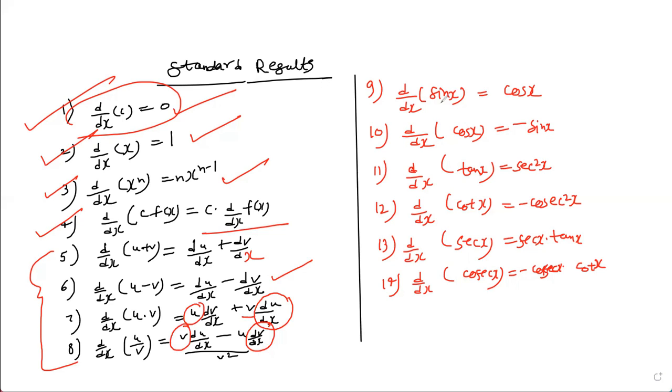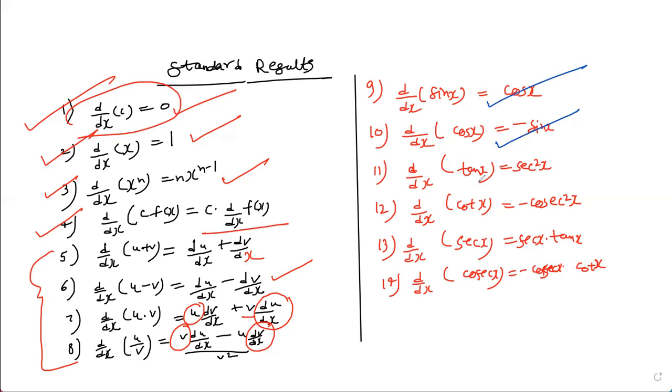Now on the right hand side, you can all see that I have written 6 more identities, results that we can directly use. These are for the 6 trigonometric ratios. If you differentiate sin x, the result will be cos x. If you differentiate cos x, the result will be minus sin x.